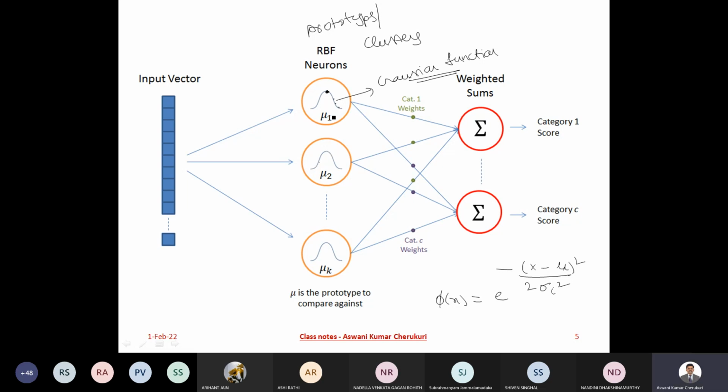So when it is at this particular cluster center, that means it is 0 here for the other centers, other clusters. And what is this 1 by 2 into sigma i square? The beta parameter is the height or the distance, or the size of your Gaussian function. That is what sigma defines, the size of the Gaussian function.